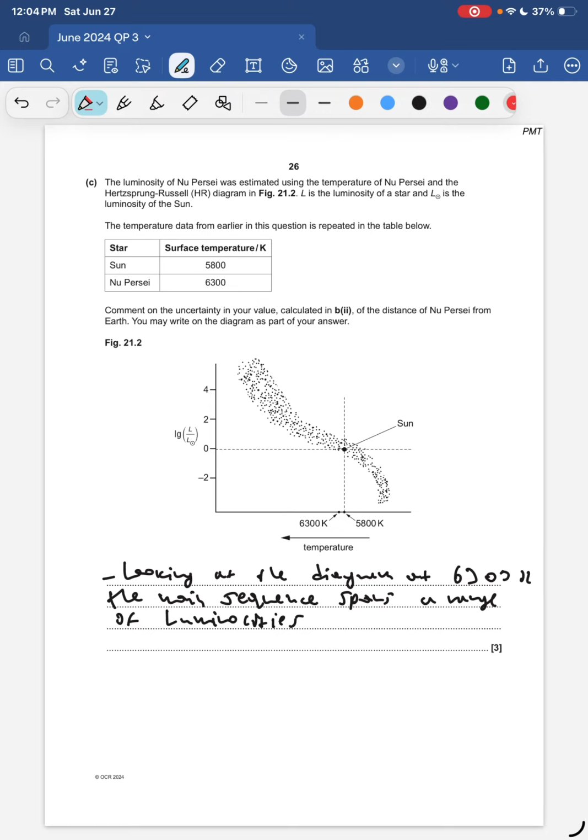And what I mean is that if we draw a line from 6300, we see that the luminosity can be the same as the one of the sun, or one time, okay, so this will be one, but it's a log scale, so the luminosities here span a range from the luminosity of the sun to 10 times the luminosity of the sun. So a range of luminosities from L of the sun to 10L of the sun. Okay, so that introduces an uncertainty.